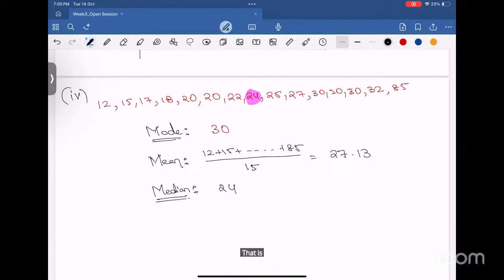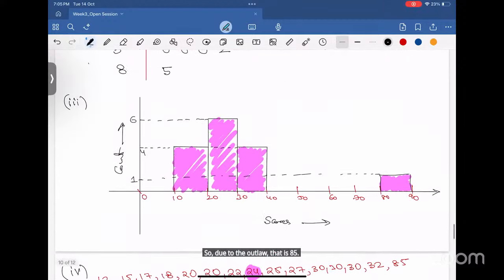85 is, even from the histogram, if you see, most of the data is concentrated between 10 to 40, right? And within 10 to 40, 24 or 25, which is the middle one, we think that is a good representative of the center value, right?